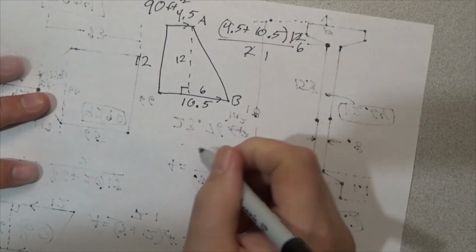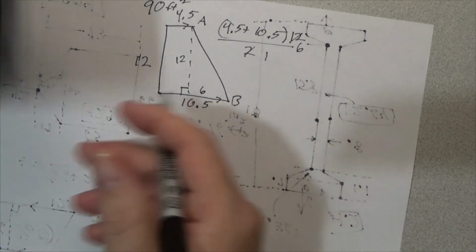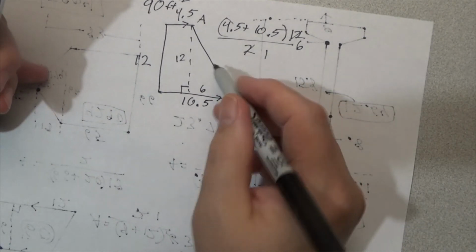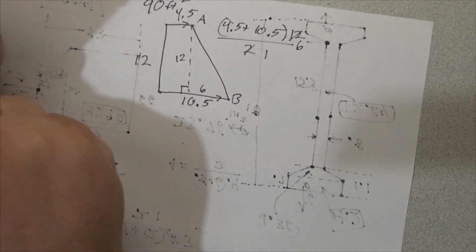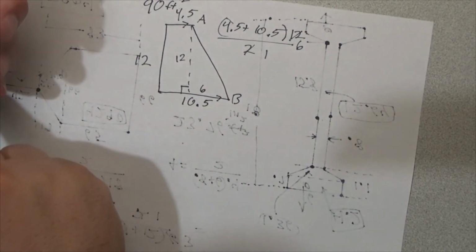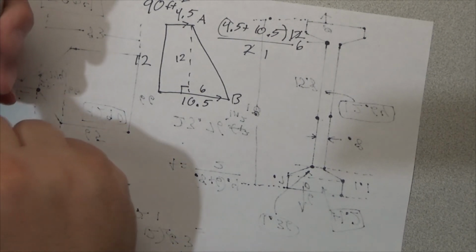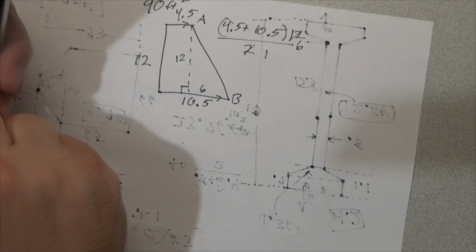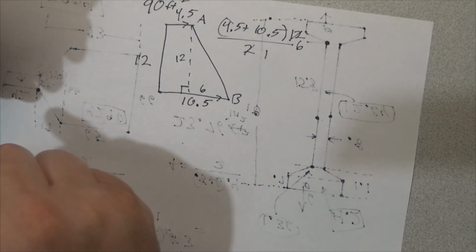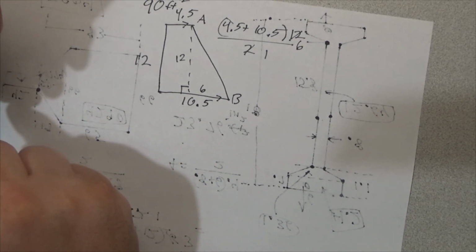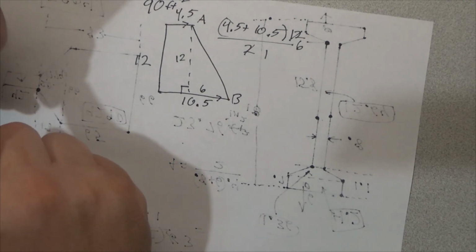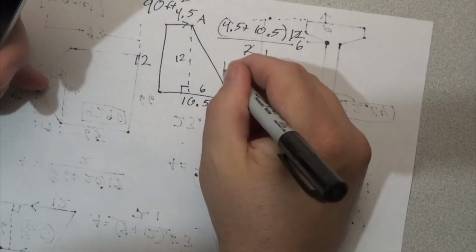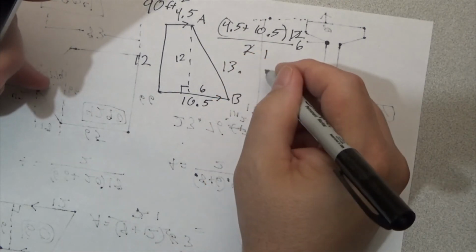So the Pythagorean theorem would tell me that, because now I'm looking for the hypotenuse, this is a flashback type of a problem, the square root of 12 squared plus 6 squared, or the square root of 144 plus 36, is equal to 6 times the square root of 5, or 13.4.